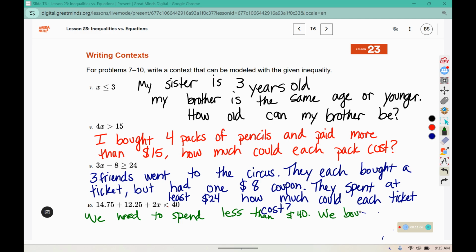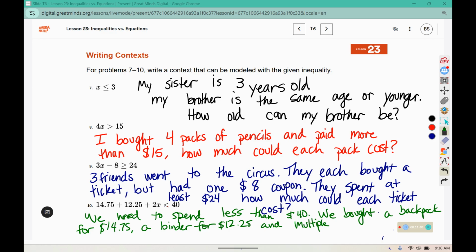We bought a backpack for $14.75, a binder for $12.25, and multiple folders for $2 each.